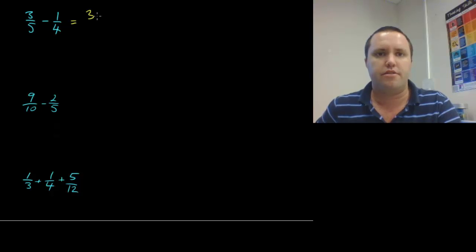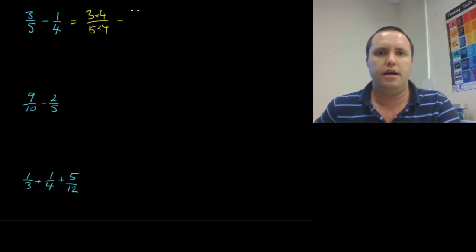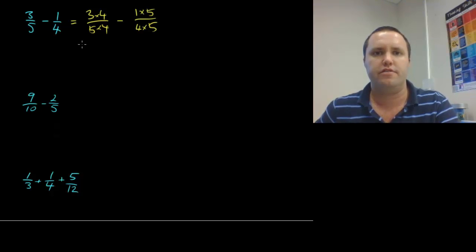That will be 3 times 4 over 5 times 4 minus 1 times 5 over 4 times 5. That gives us 12 over 20 minus 5 over 20, which is 7 over 20.